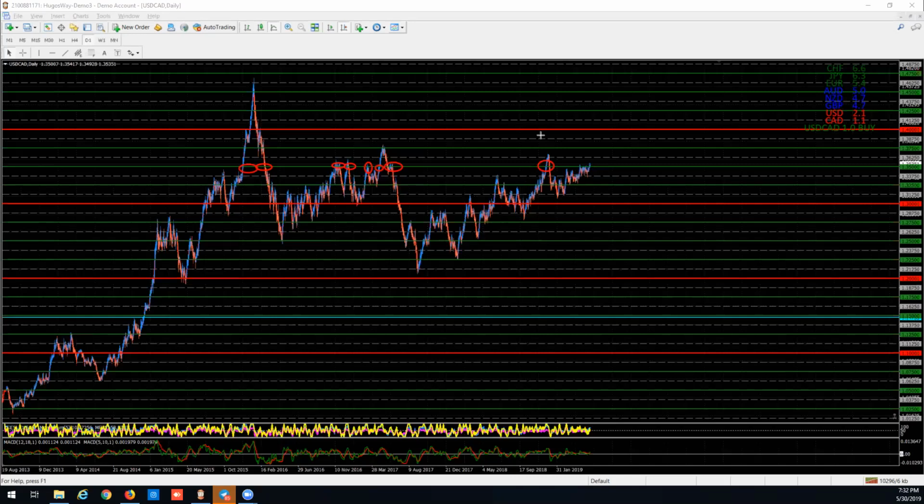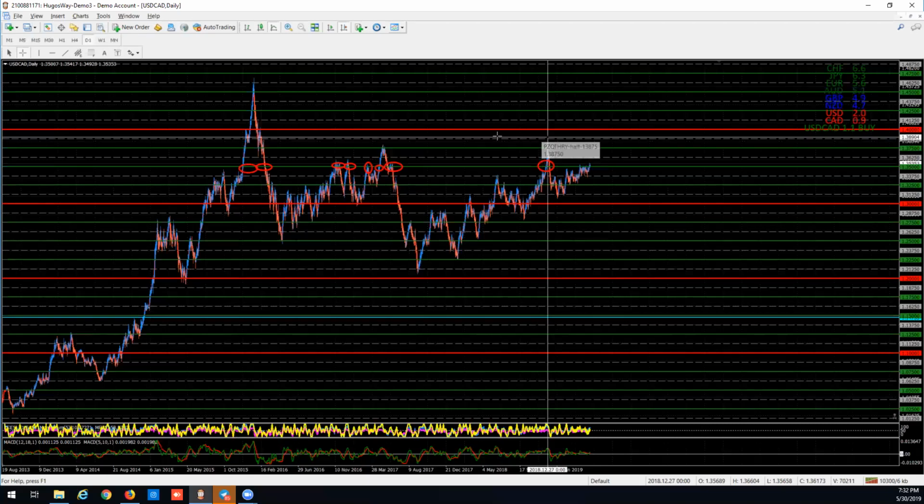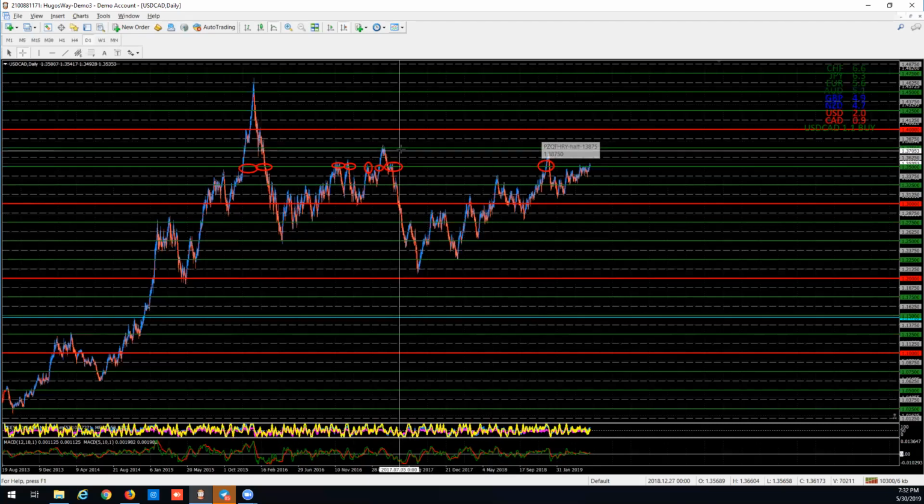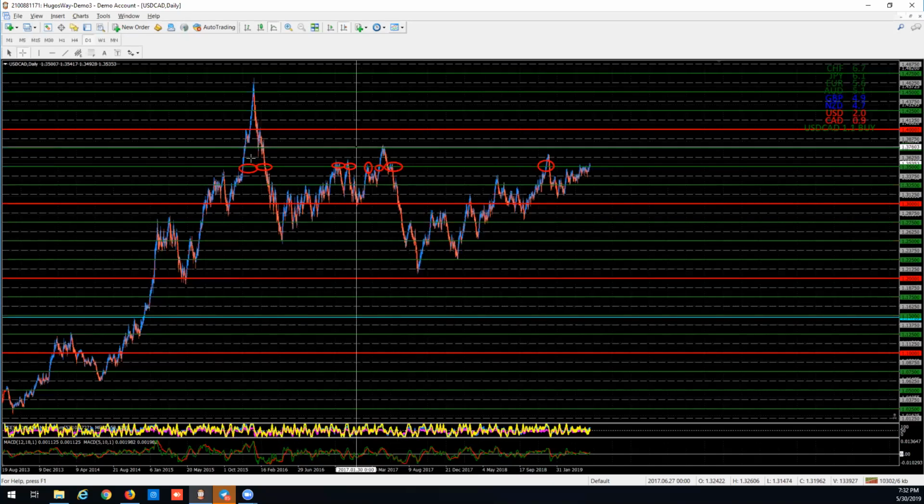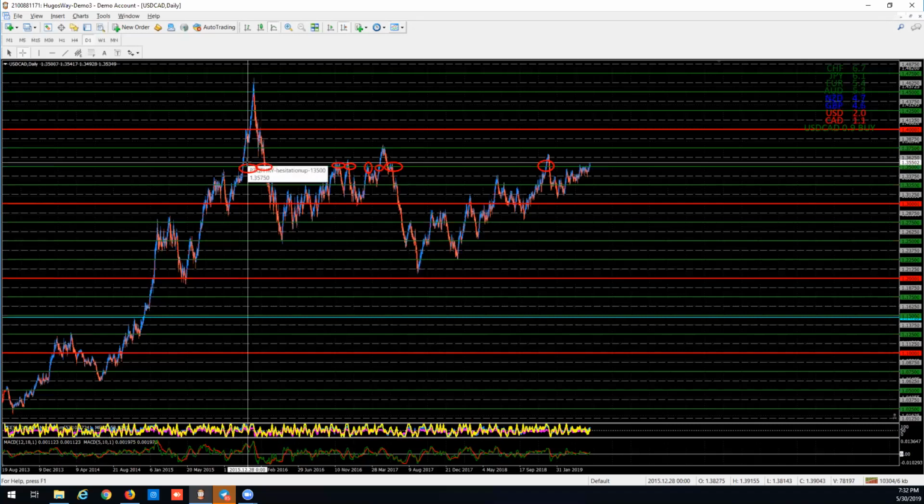Before this, the last touch was in December 2018, and before that, the last time price was here was 2017, and it had a lot of touches going back 4 years, right? So this is a really strong level right here.